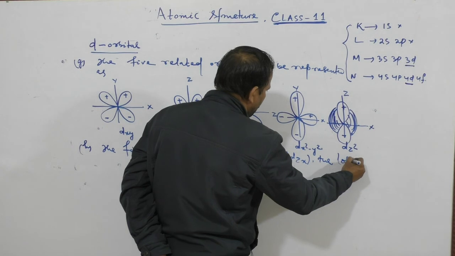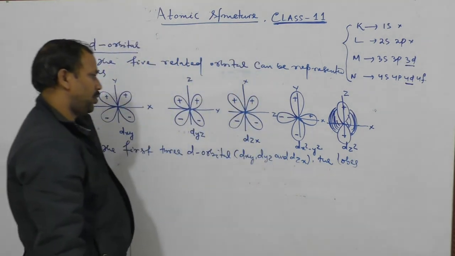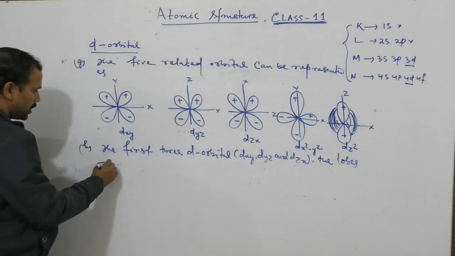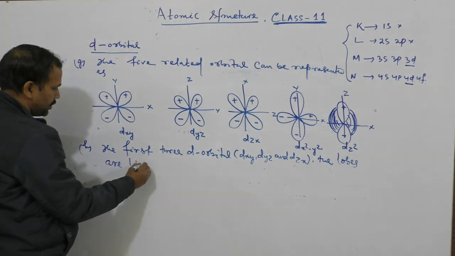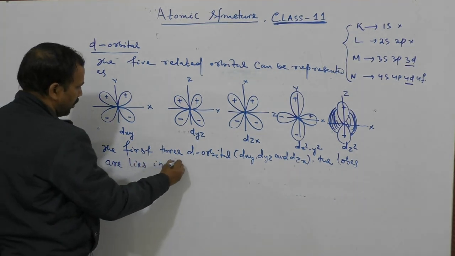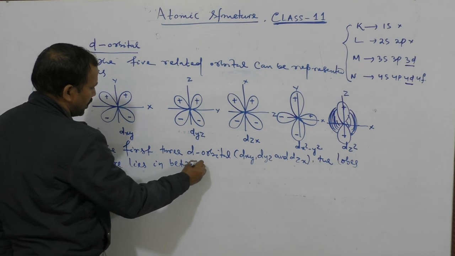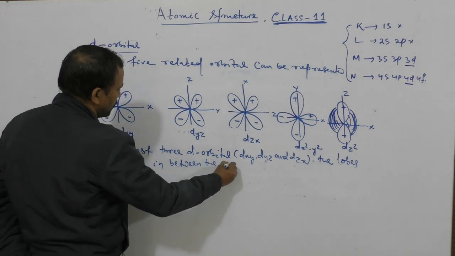Lobes means dumbbell; one side is called one lobe. The lobes lie in between the axes.